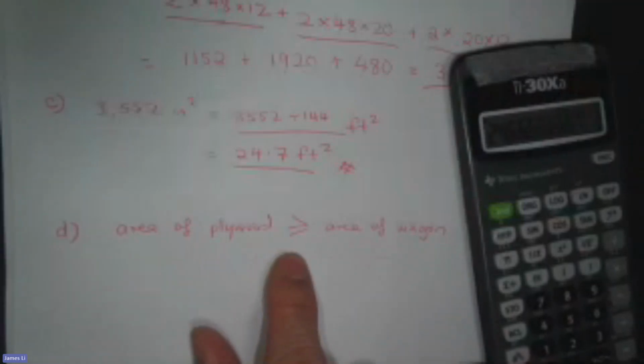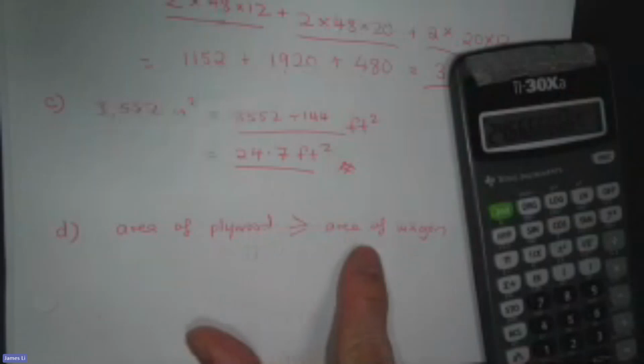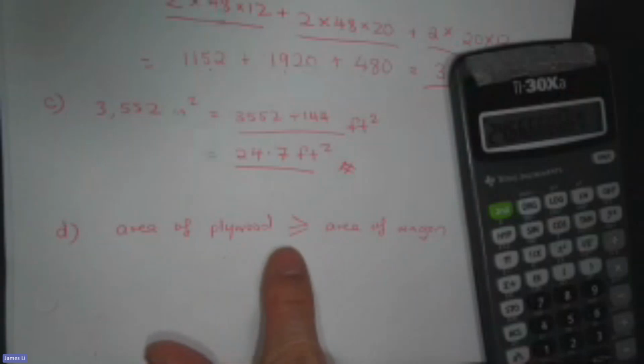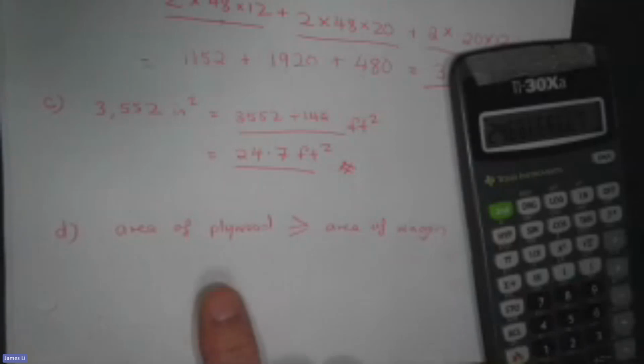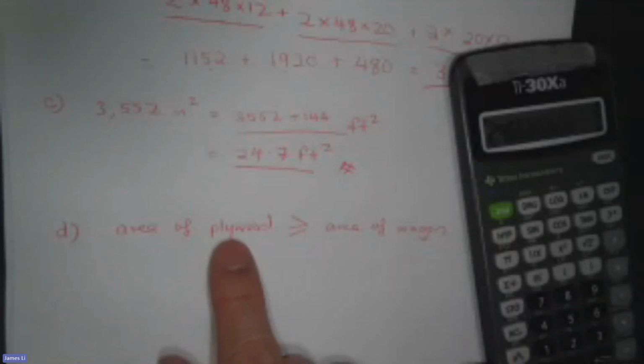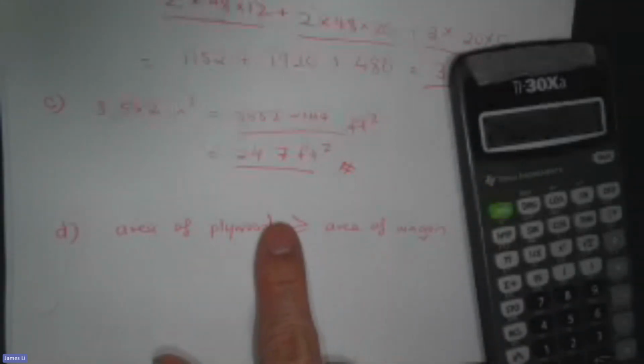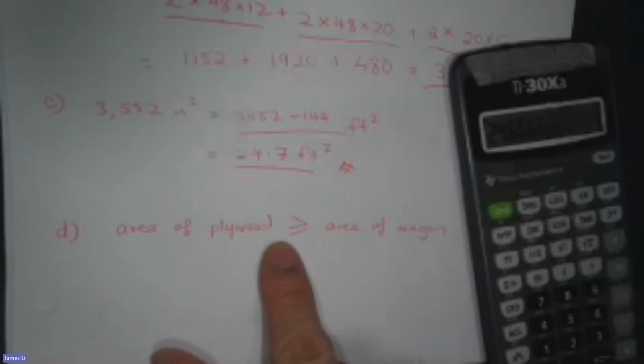But if your area of plywood is more than the wagon, you have extra wood left over. If the area of plywood is equal to the area of the wagon, you can make the wagon with no wood left over. I hope you understand what I'm saying. So in order to have enough wood to construct the wagon, your area of plywood has to be more than or equal to the area of wagon. So let us calculate this.